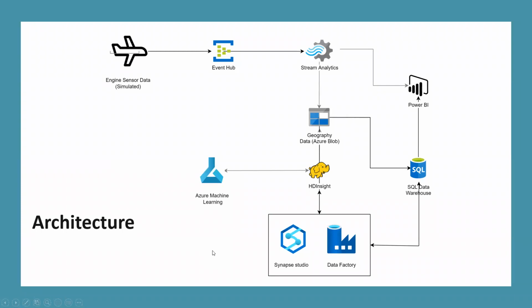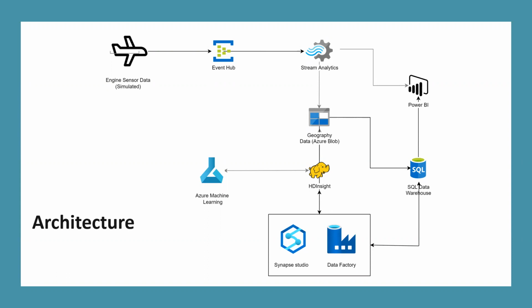So here is the architecture. At the very beginning, we get all the data from the aircraft engine sensors, and we receive everything through Event Hub. Event Hub ingests the raw data and passes it on to Stream Analytics. Event Hub is designed to ingest this real-time data in the Azure platform.